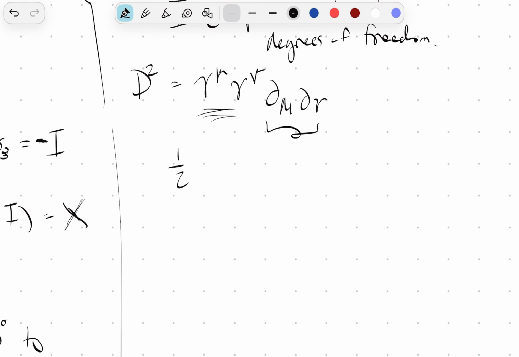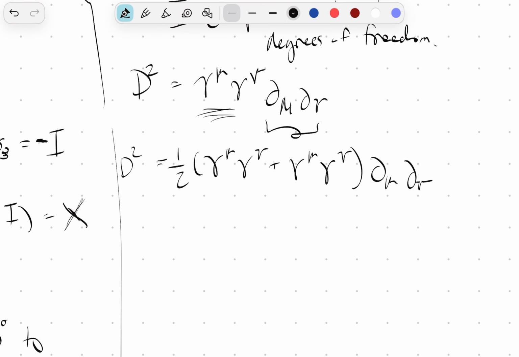So we would postulate a 1/2, basically the anticommutation relation between these matrices. Okay? And this is going to be equal to the square of the Dirac operator.